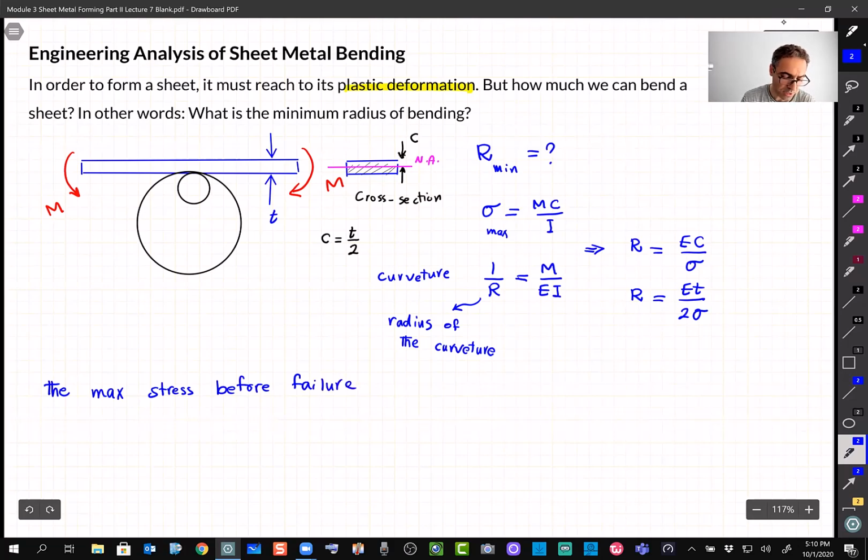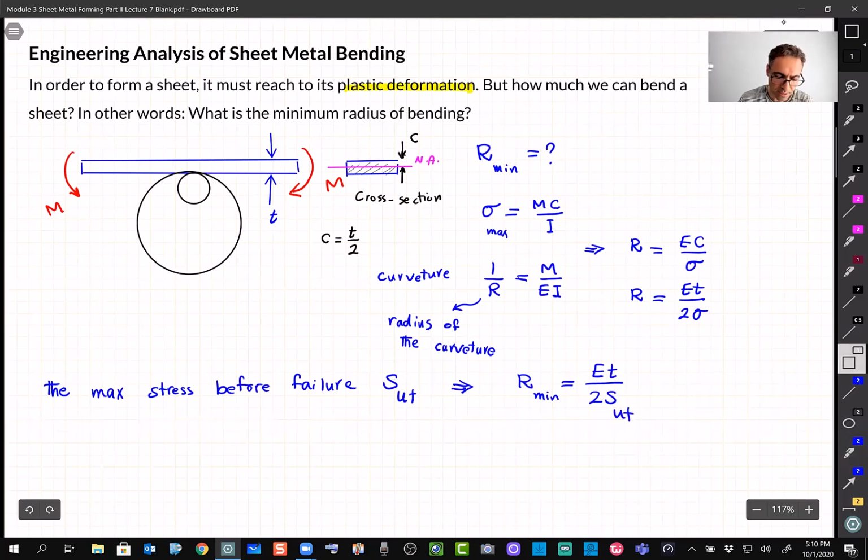The maximum stress before failure is when we get to the ultimate tensile strength, SUT. If I replace that in the formula over there, we can conclude that if the maximum stress is SUT, then the minimum radius is ET over 2 SUT.